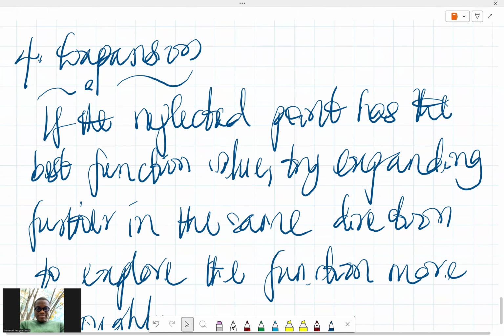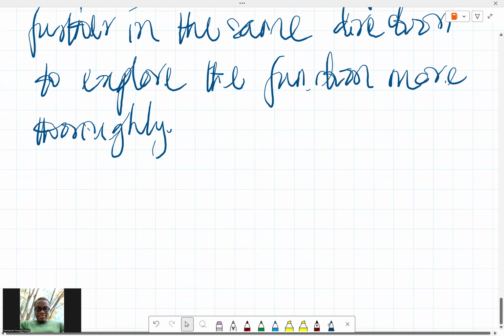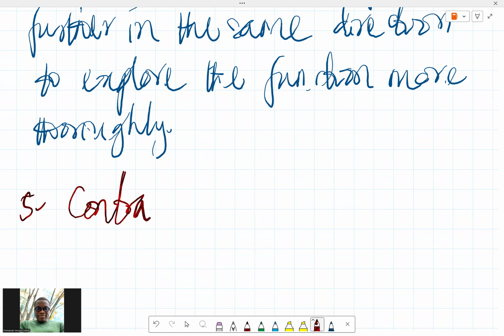Then step 5 talks about contraction. So your reflection, expansion, now we talk about contraction.